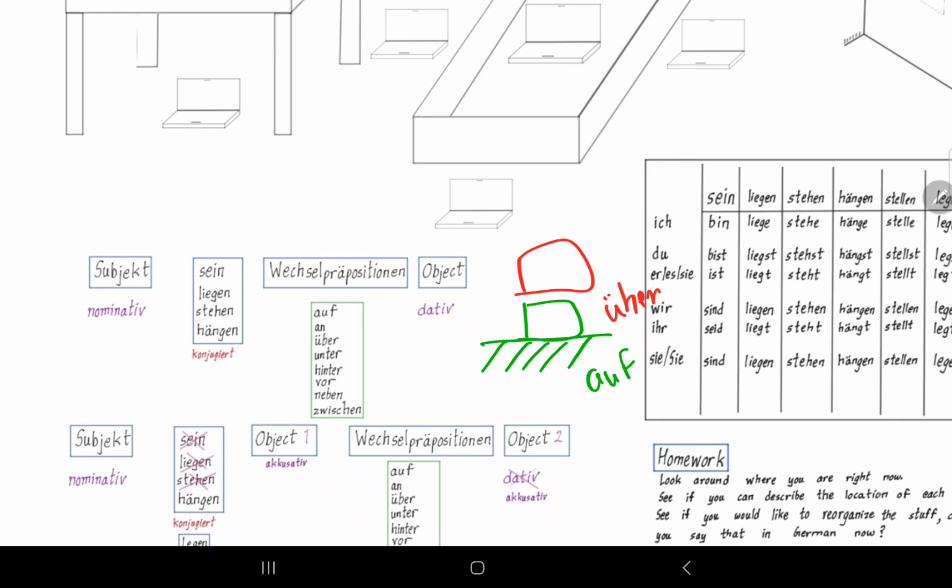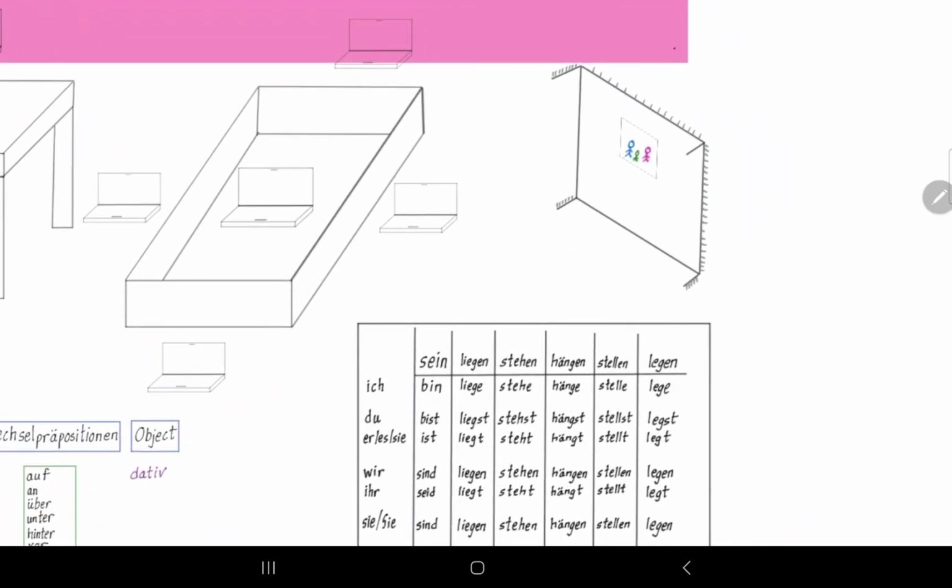A good example of über will be, let me just go back over here in this drawing. Let's say there is a sofa over here. Now if I have to describe the position of this picture with respect to the sofa, you will say über.